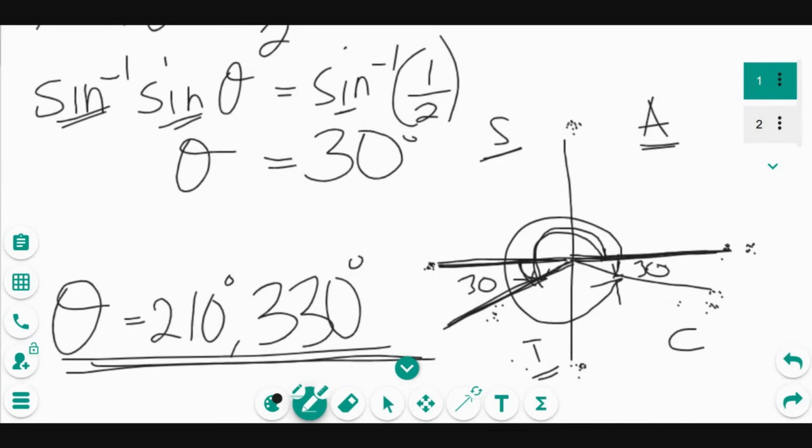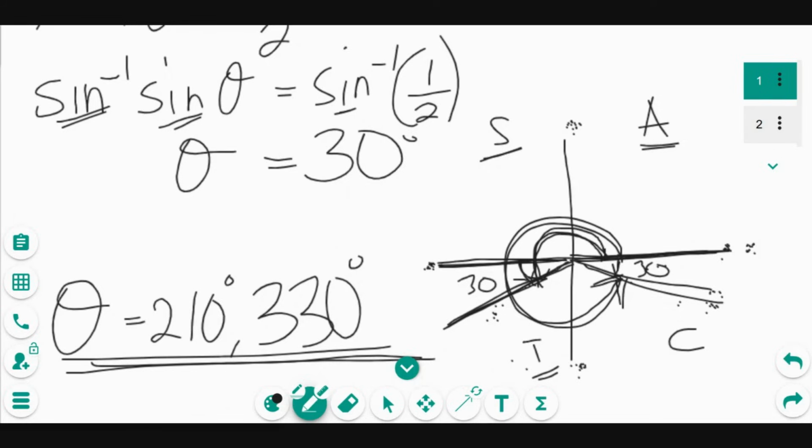Now, after that, the final answer should be measured from the positive x-axis anti-clockwise, to the line you have drawn. My 30 was here, so I measure from the positive x-axis to that. And then my other line is here, so I measure from the positive x-axis all along up to here.